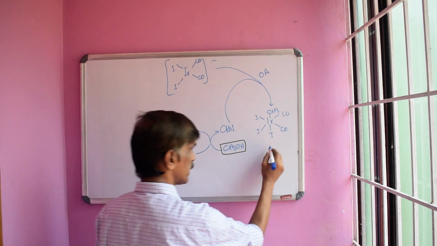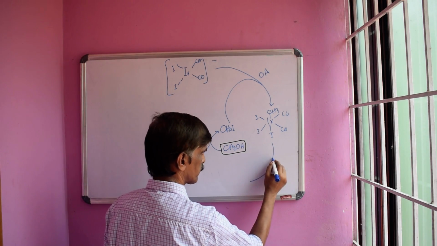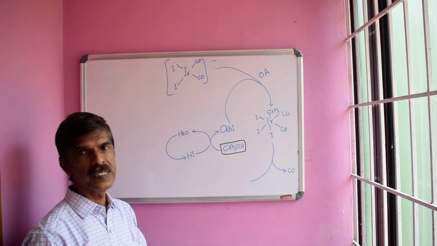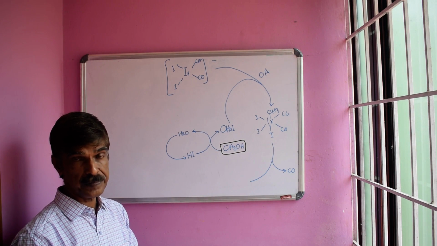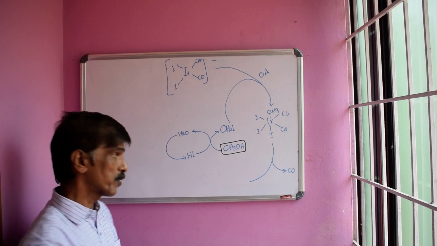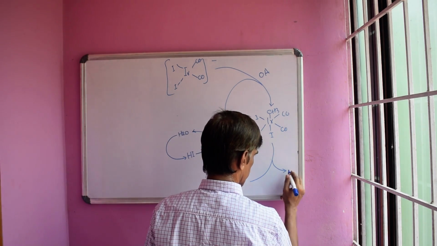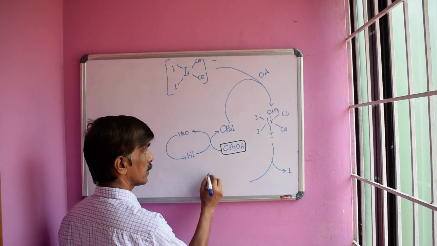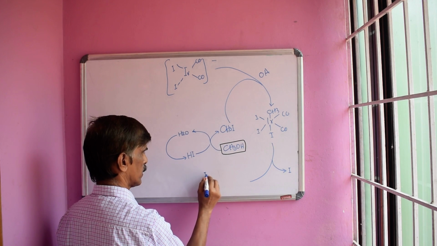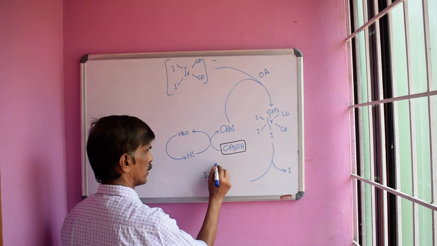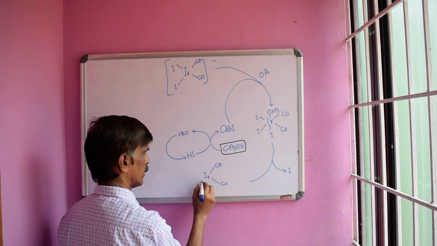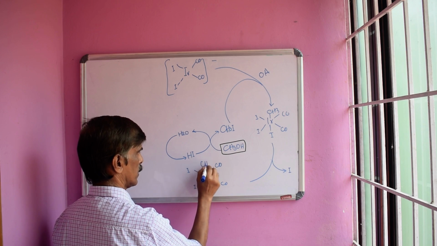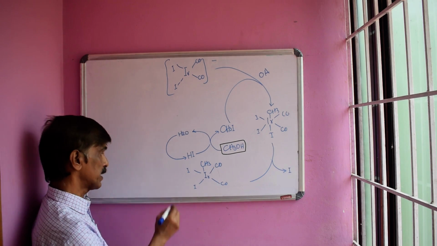Okay. Now the next step is the removal of carbon monoxide. Iodide, you can see that this species is formed, and this undergoes a reaction.